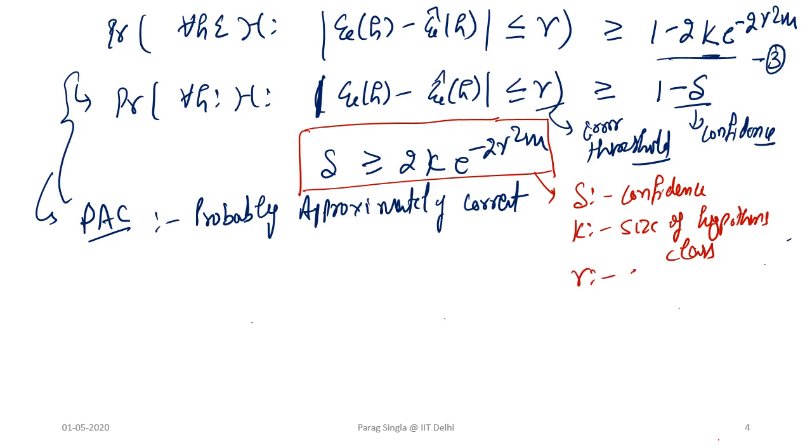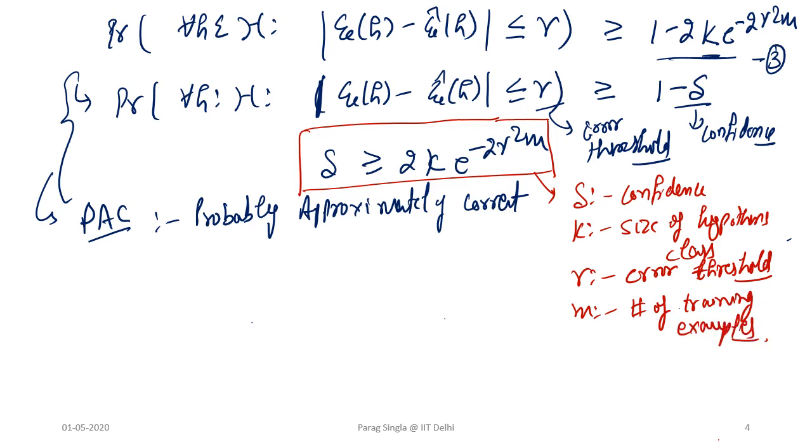Gamma is your error threshold, and m is the number of training examples.